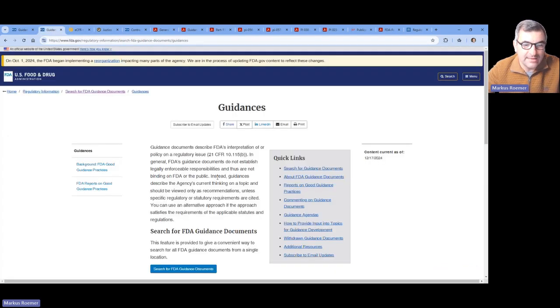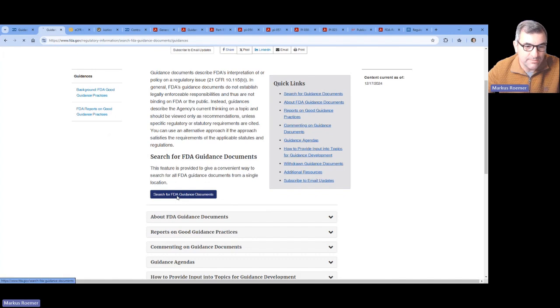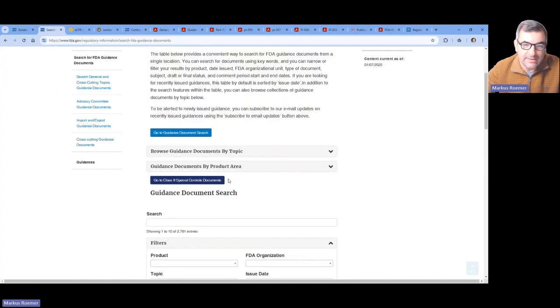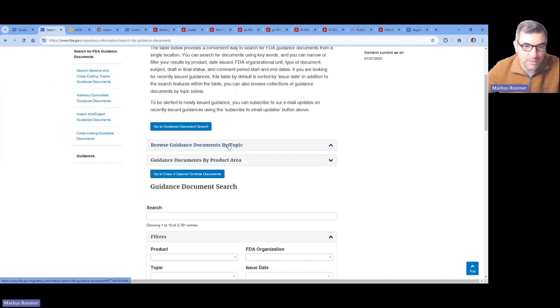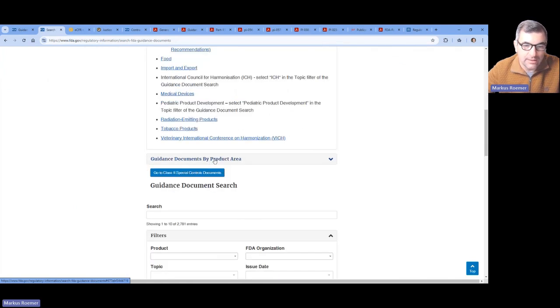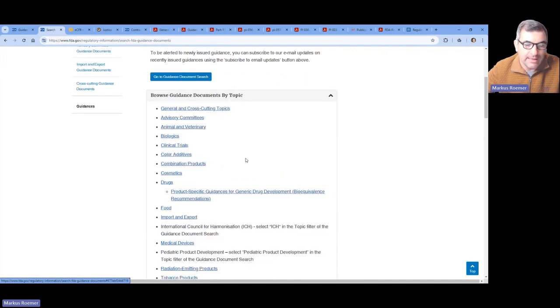You will find a list of all guidance documents on the website, where you can browse guidance documents by topics and so on, or by product area, and there you will find all of them that have been issued. In the next GMP Detox session, we will also cover the guidance for industry on regulated distance audits, remote audits.